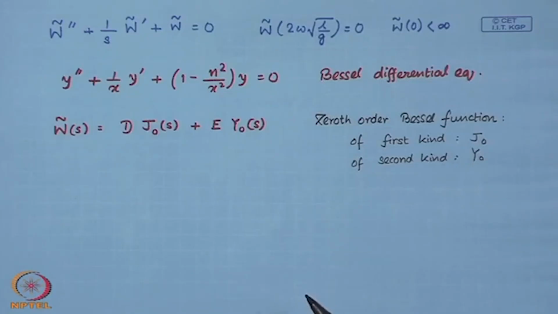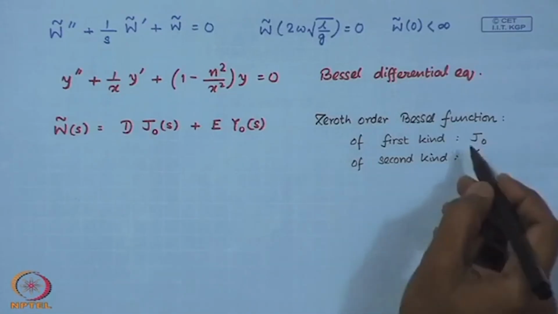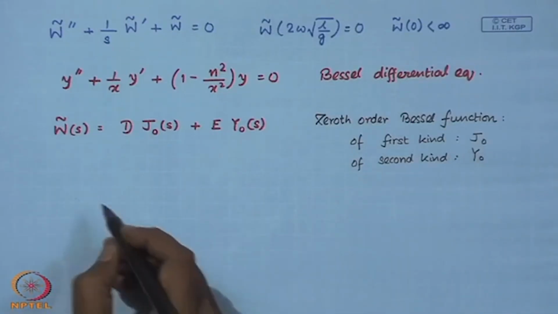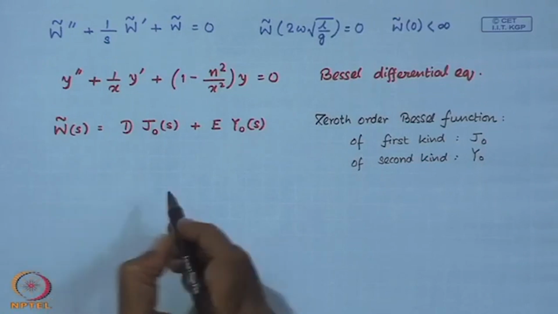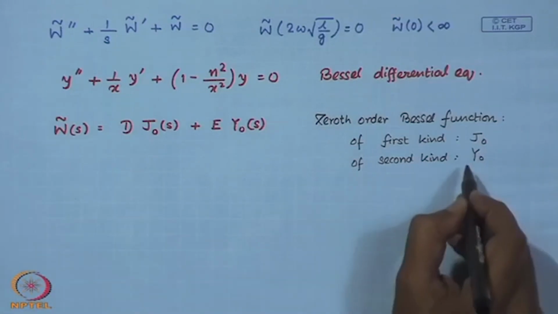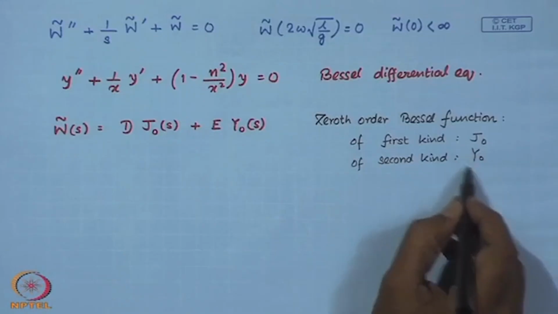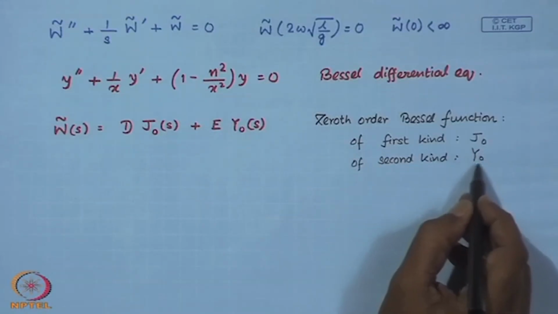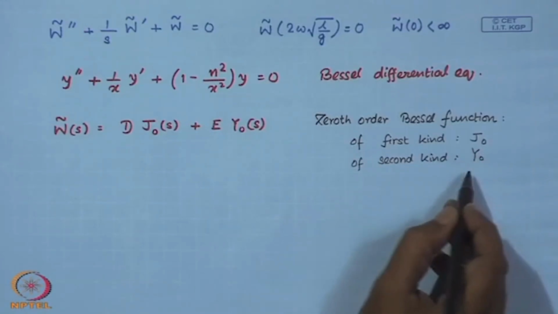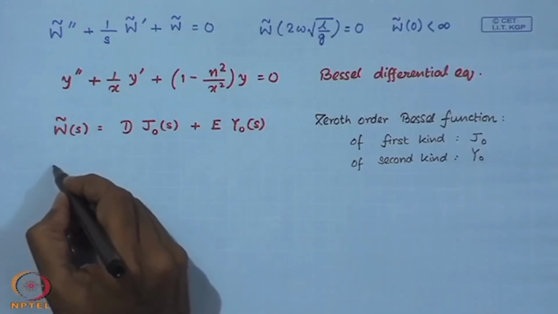Now, if you look at these Bessel functions of 0th order, then you will find that this second kind has a logarithmic singularity at s equal to 0.